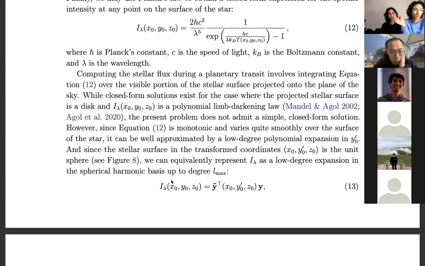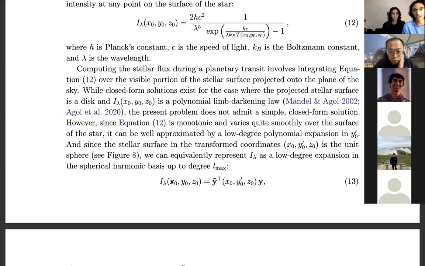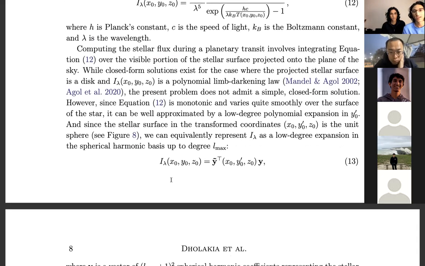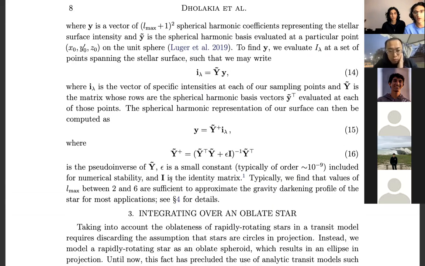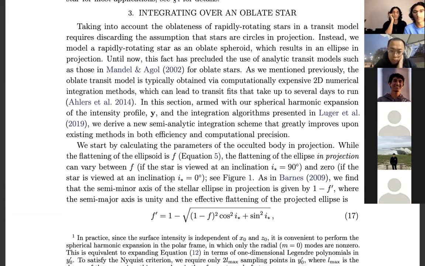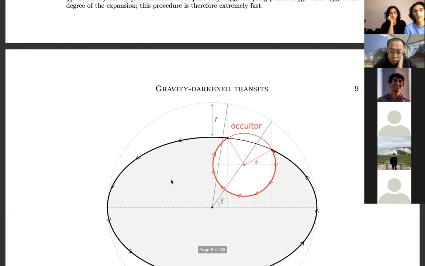So essentially, what are spherical harmonics? They're a glorified polynomial, right? And if we're able to represent the star, or break down the star, in terms of spherical harmonics, then we're able to integrate over them.